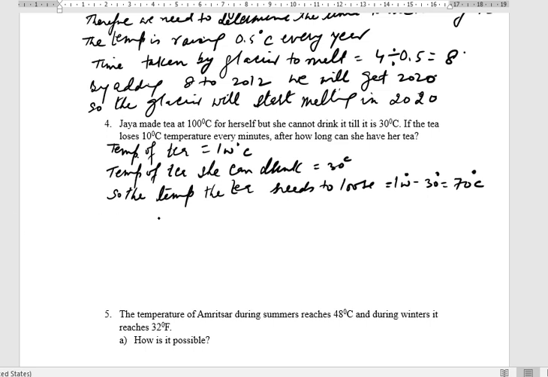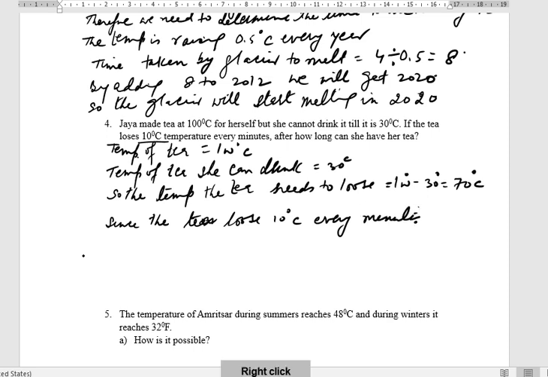And since the tea loses, कितना lose कर रहा है? 10 degree in every minute. So how many minutes are required? So what we have to do?